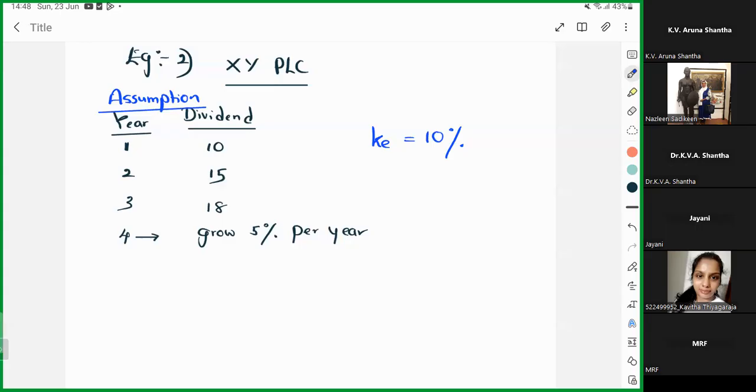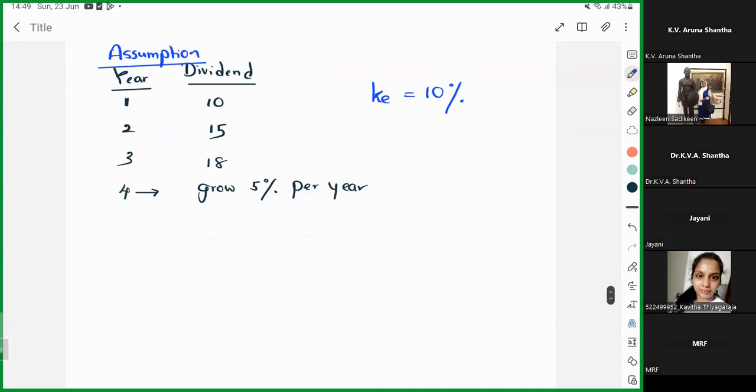For the short term and medium term, you can forecast the dividend. For the first 3 years, you know the dividend, you know the cash flow.